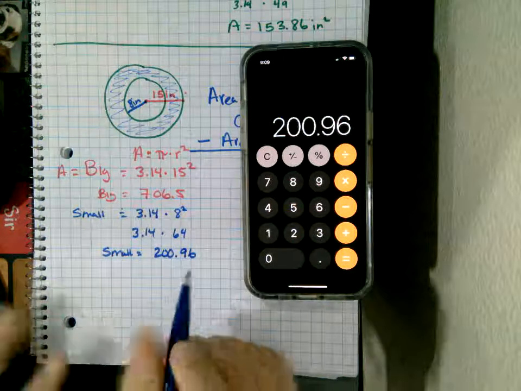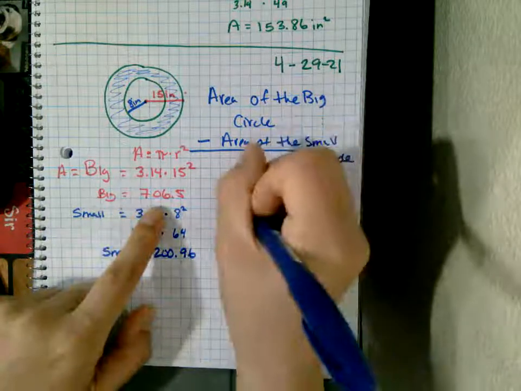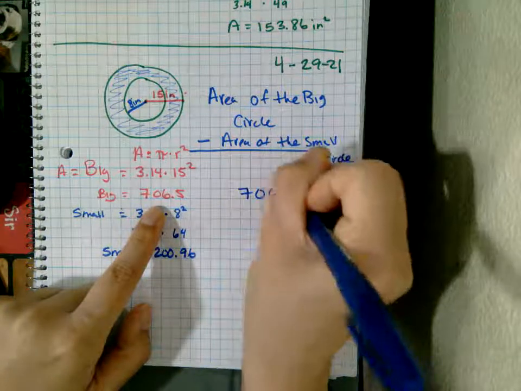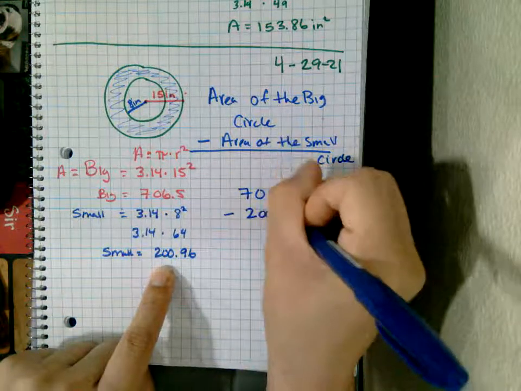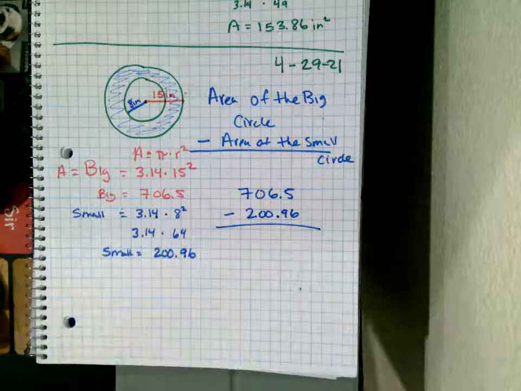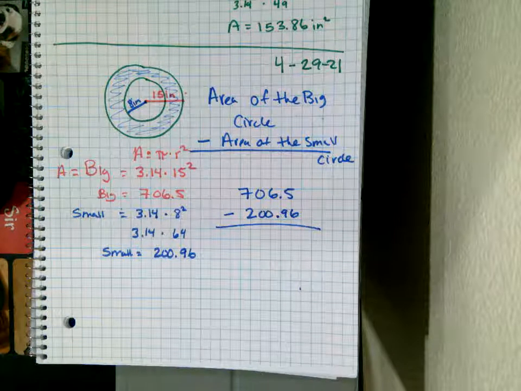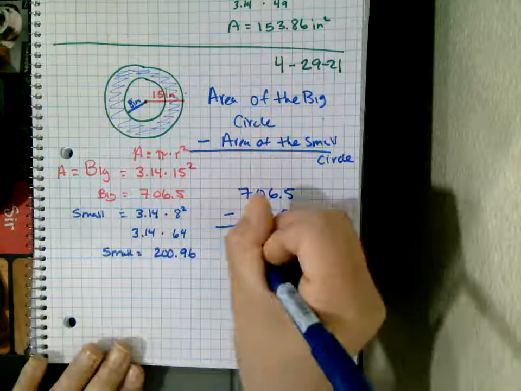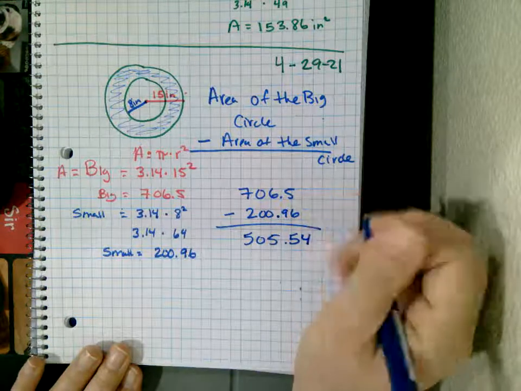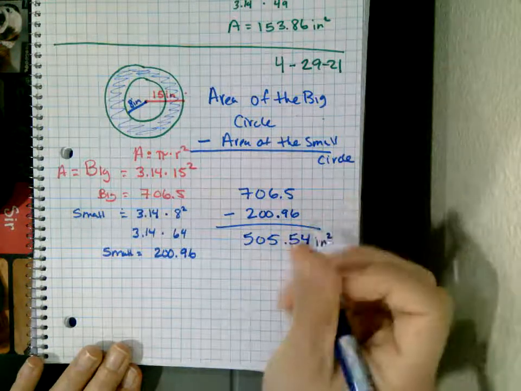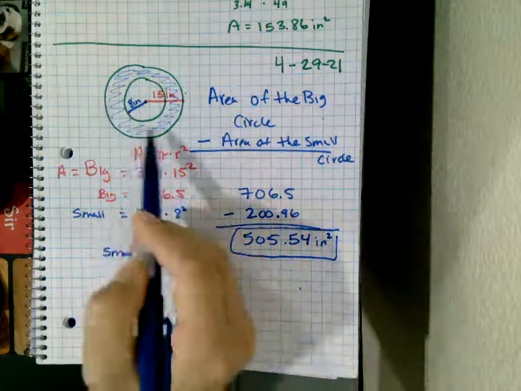So our area of the small one is equal to 200.96. Cool. Now I have to take the area of the big circle, 706.5, and subtract the small circle, 200.96. 706.5 minus 200.96 is 505.54 inches squared, which is your final answer for the shaded part.